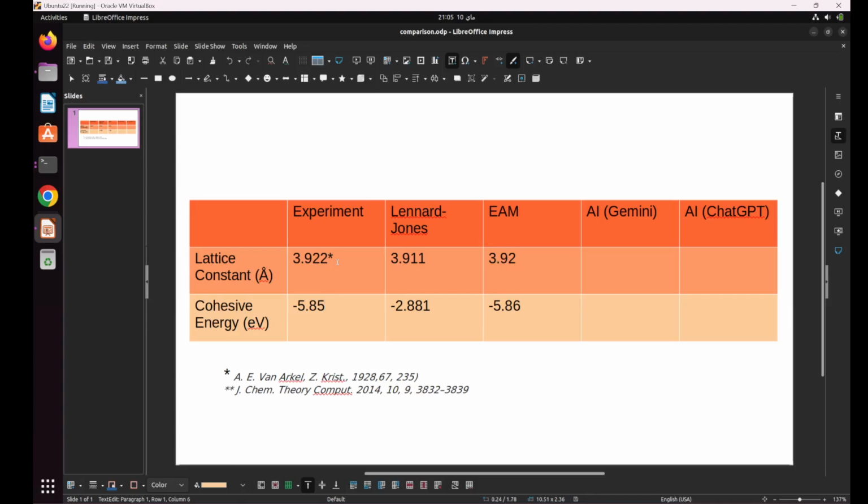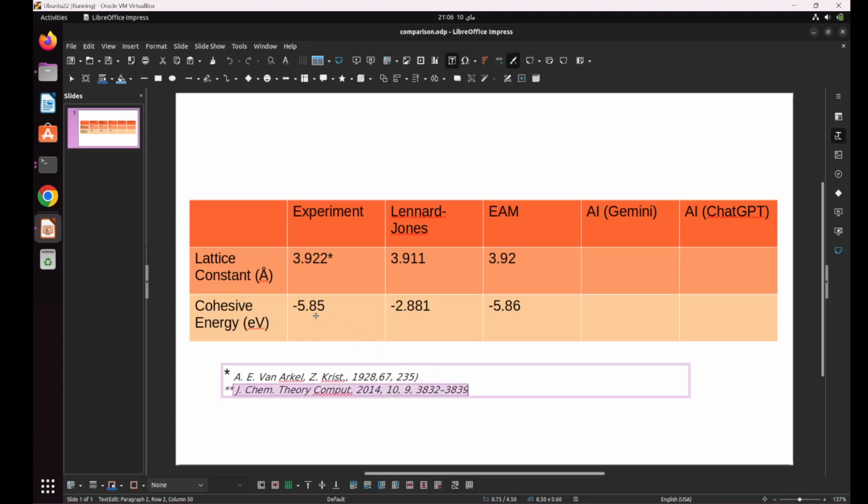In terms of experiments, there is an old paper from 1928 in Zeitschrift für Kristallographie, I think it's German, that reported a lattice parameter of 3.922 angstrom for platinum. In terms of cohesive energy, I found this reference, which I think is computational work using density functional theory and quantum mechanics.